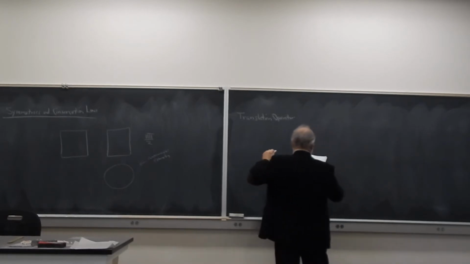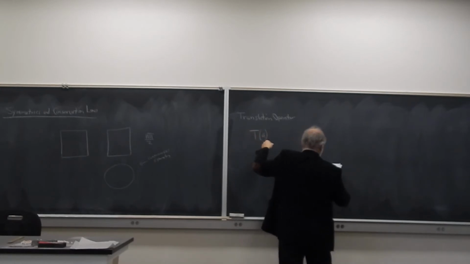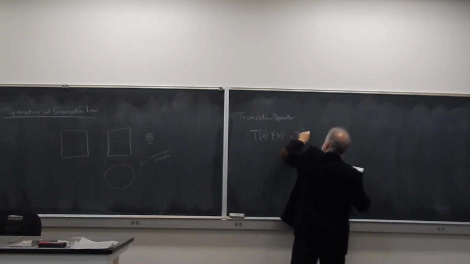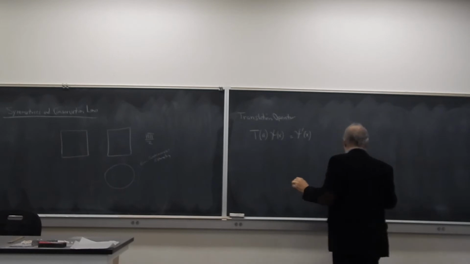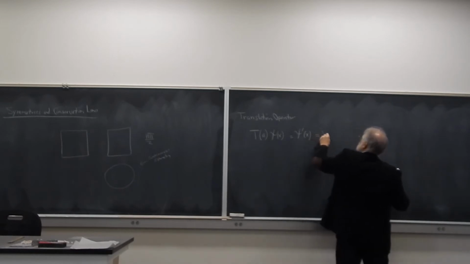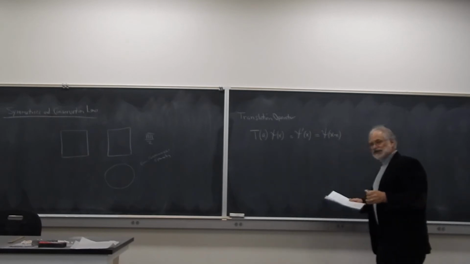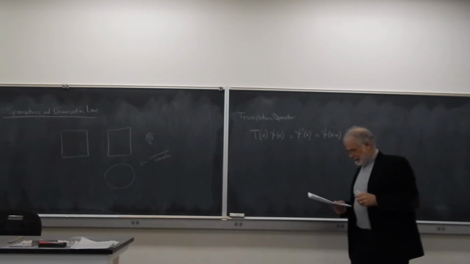So for example, I can say, I'll use my operator capital T of a times psi of x gives me a new function psi prime of x, which is just equal to psi of x minus a. So I've just translated the whole system by some distance a.